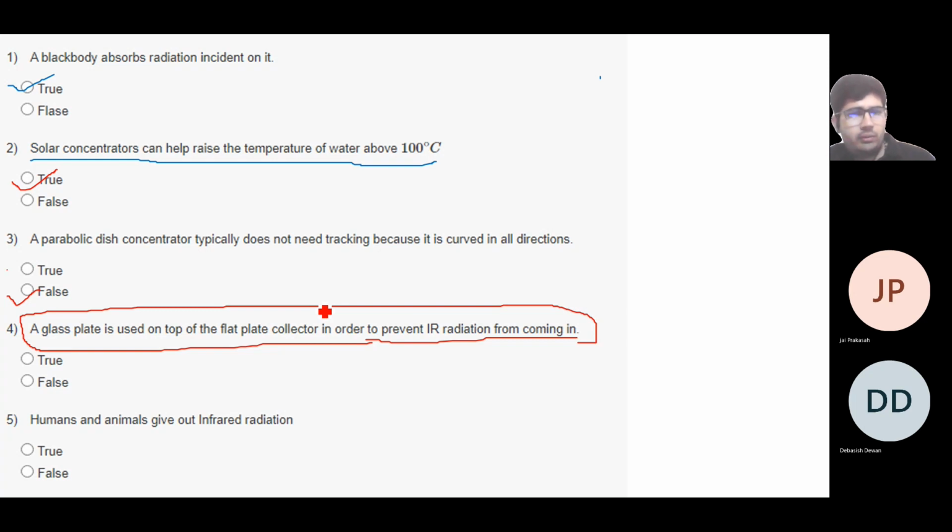I have already mentioned that glass is transparent for a particular spectrum and opaque for another. Based on that, you can answer question number 4: a glass plate is used on top of the flat plate collector in order to prevent infrared radiation from coming in. Anyone?